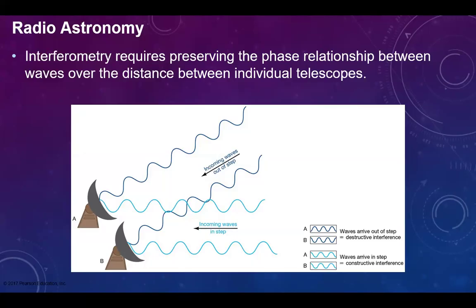You're comparing the phases of the waves at each individual telescope. That's much easier because the periods for radio waves are just much longer than the periods for optical. You can do this by literally combining light, which is what they do for optical telescopes. But you can do it electronically for radio telescopes, and it's much easier.